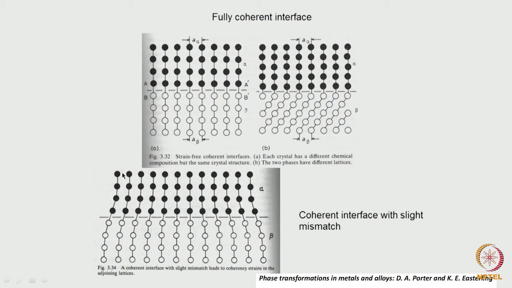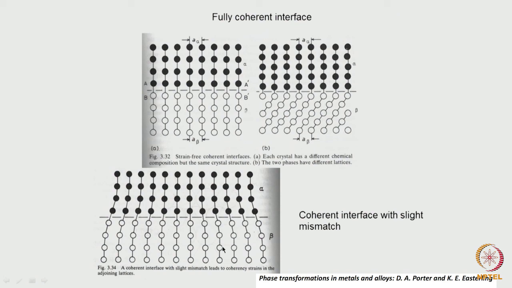By distorting the planes on either side of it. How much distortion there is going to be is determined by the modulus of the material on either side, which decides to what extent the distortion is accommodated, whether within the precipitate or within the matrix, correct?